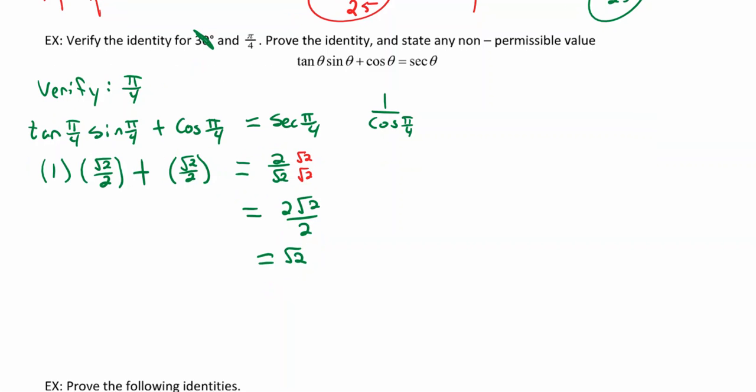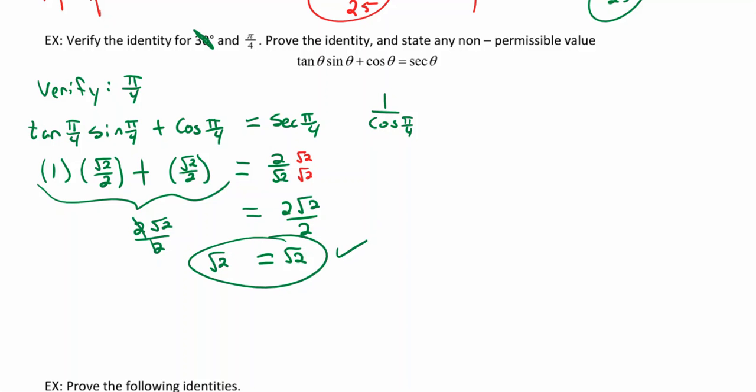So now I know that's what I'm going for over here. Let's see what we get. If we got root 2 over 2 plus root 2 over 2, then that would be 2 root 2 over 2, just keeping them over the same denominator, and then those cancel as well. So we get root 2 is equal to root 2. So that one does verify. Okay, so now let's prove this.